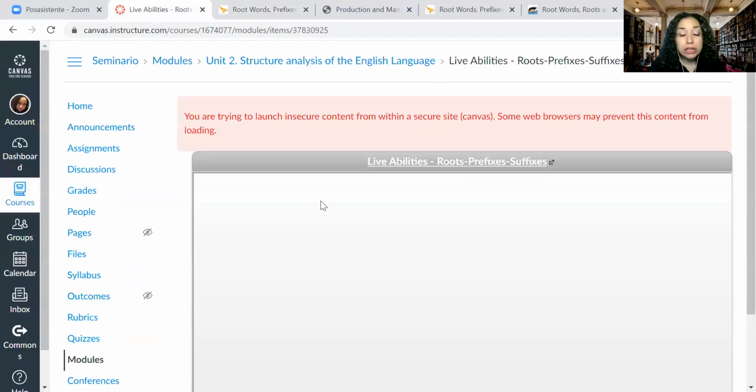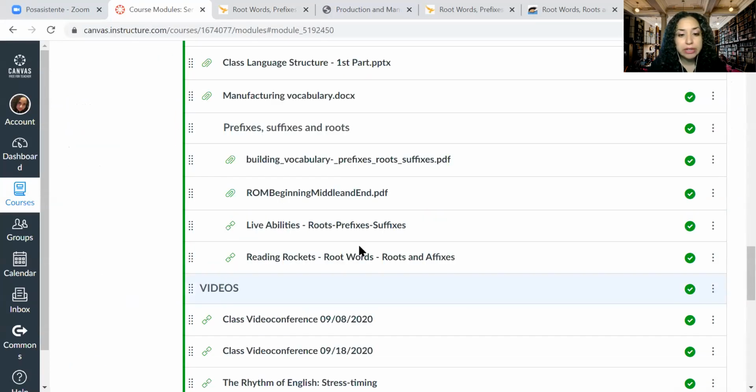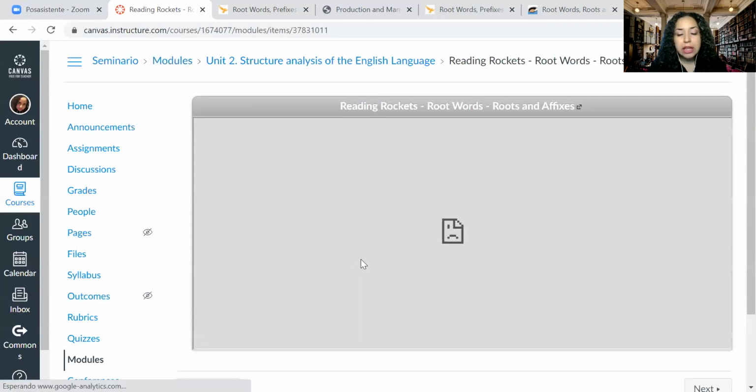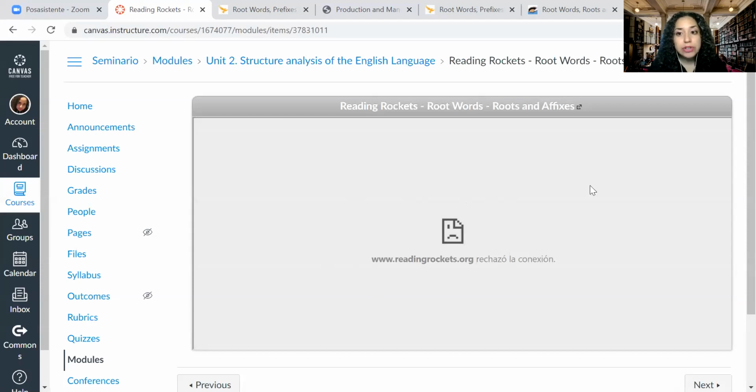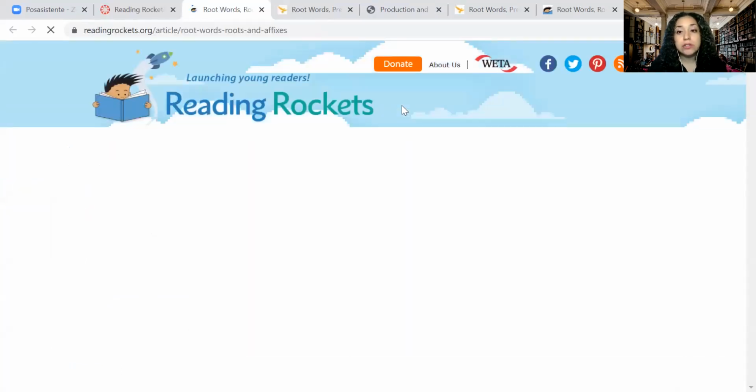So I'm walking you through the information. Again, you are in Unit 2. There are 2 web pages that you are recommended to read. So you click on them. Canvas is not going to show you the web page, but Canvas always has the link to it. So you click on the link and automatically you are going to be redirected to it.